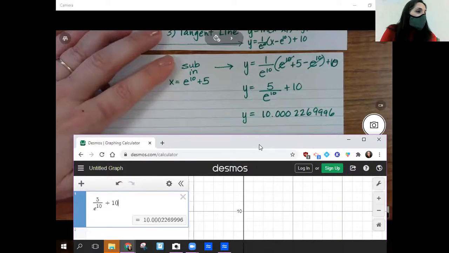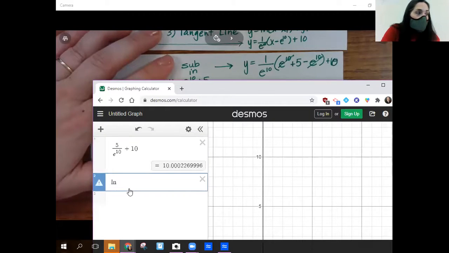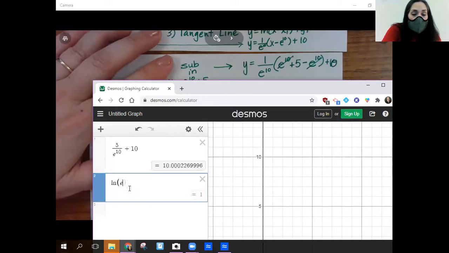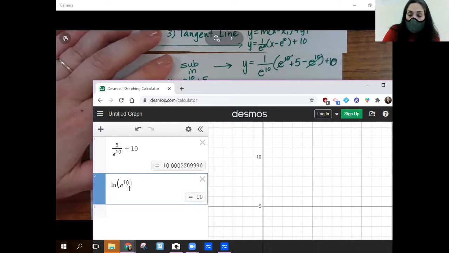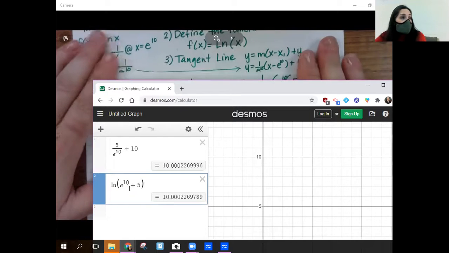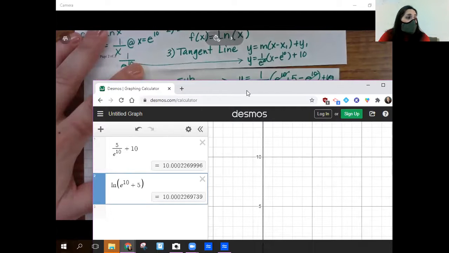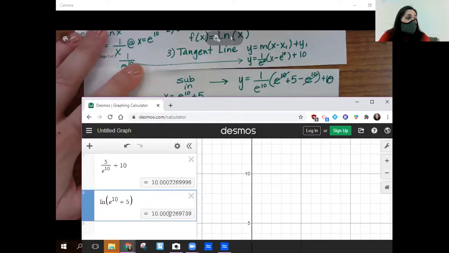And then if we check ourselves, just curious, like actually use Desmos to do the work, what's the natural log of e to the 10th plus 5? Well, pretty close. Our tangent line, our little calculus with our little derivative and all that good stuff did some good work for us. Because look how close, you guys.